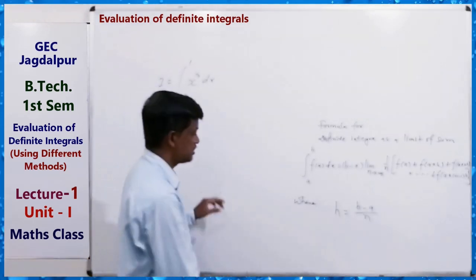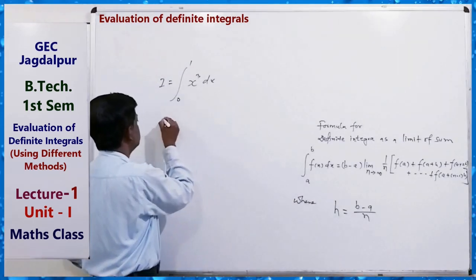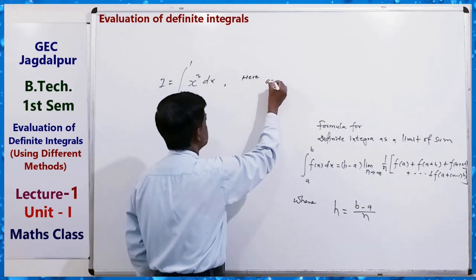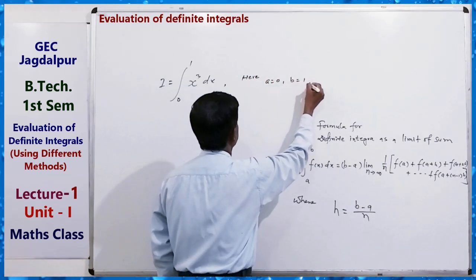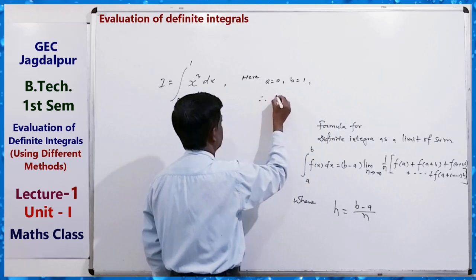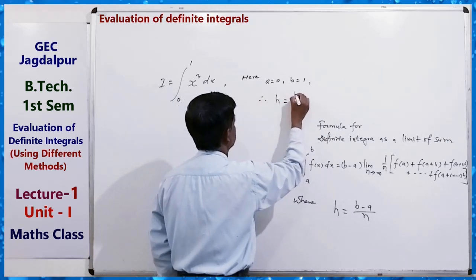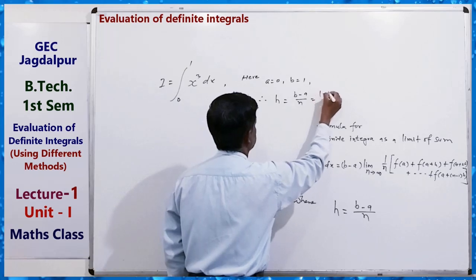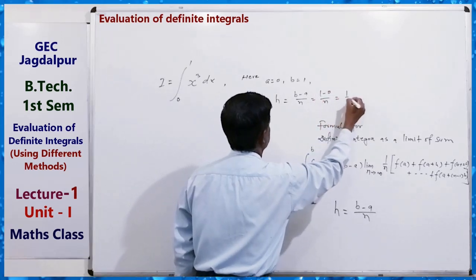For this question, a equals 0, b equals 1. Therefore, h equals b minus a by n, which equals 1 minus 0 by n, equals 1 upon n.